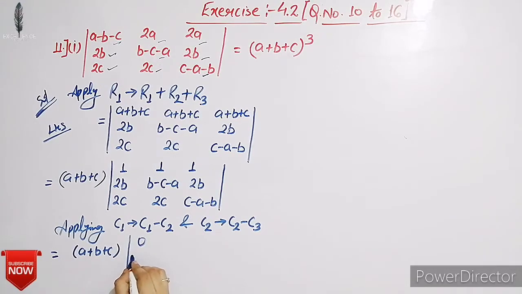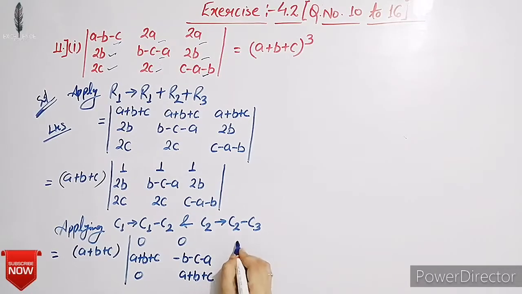Here b plus c plus a, that is a plus b plus c. 2c minus 2c is 0, and C2 is C2 minus C3, so it is 0. Here minus b minus c minus a and here a plus b plus c. C3 is same, that is 1, 2b, c minus a minus b.